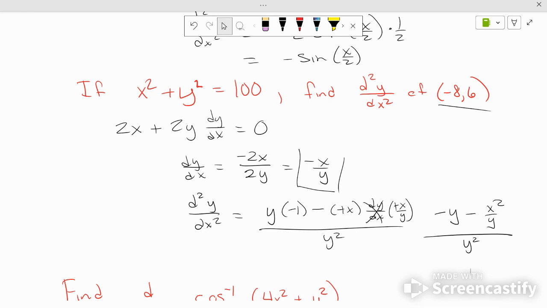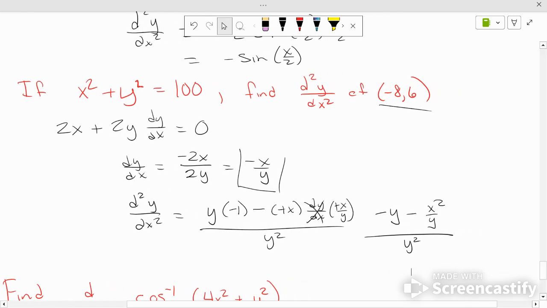Okay. Now, you could try simplifying this more, but you really don't need to because at this point you can plug in your points.